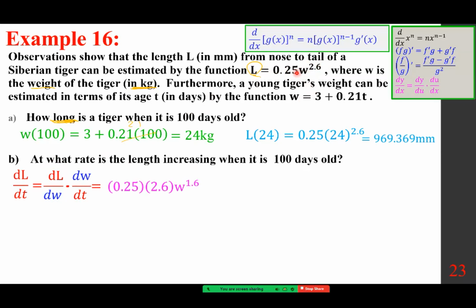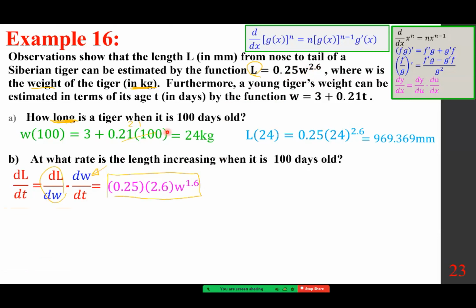It's very straightforward. 0.25 remains. Exponent becomes the coefficient. And then W with the same exponent minus 1. 2.6 minus 1 gives you 1.6. That's dL/dW. What about dW/dt?